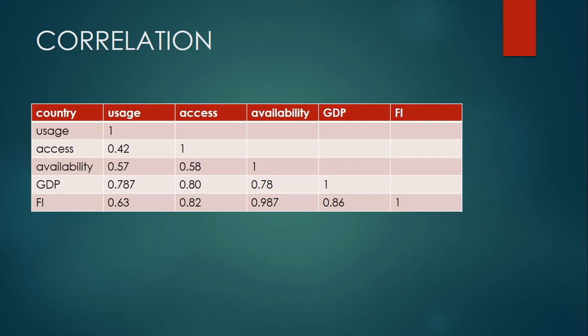However, the relationship between independent variables should be smaller or lower, because in the case of a higher relationship, like between usage and GDP, the relationship is 0.7, and between access and GDP is 0.8, and between availability and GDP is 0.7. These figures are very high and they can create the problem of multicollinearity, which I will discuss in my next lecture.